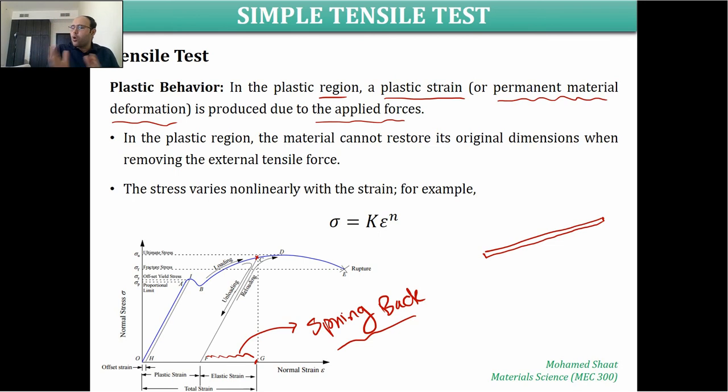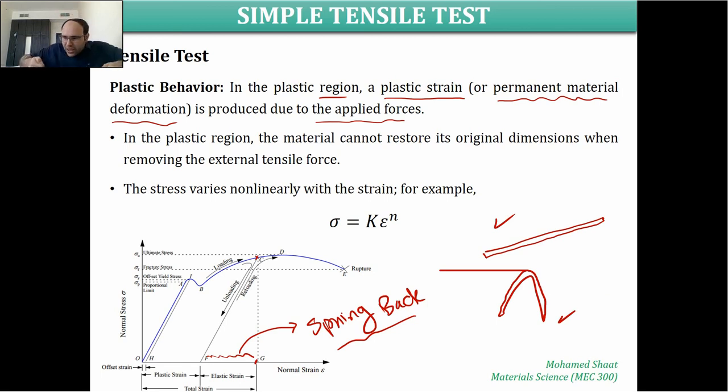Why? It had moved to the plastic behavior, so there is no ability for the material to restore the original shape. It has been bent. Originally it was straight, now it has been bent in this way, so we have a permanent change in the shape. The shape is different. This is a shape that is different than this shape, because of the applied force, it is highly bent.